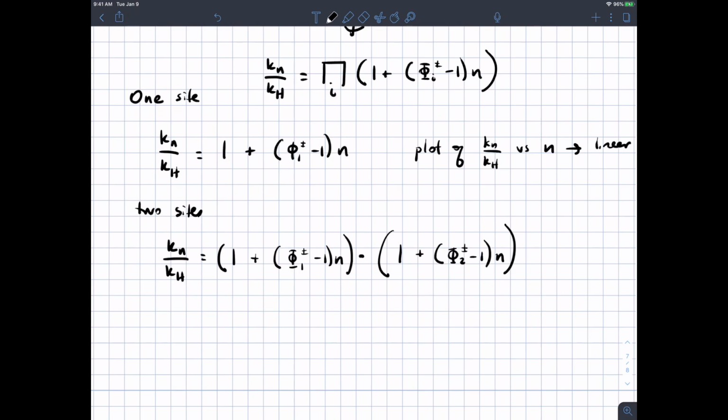And you should be able to see that a plot of Kn over Kh versus n would be quadratic, because you're going to have n squared. So this is a way you can determine whether there's one proton involved in the rate determining step of the reaction, versus two, and it's called a proton inventory.